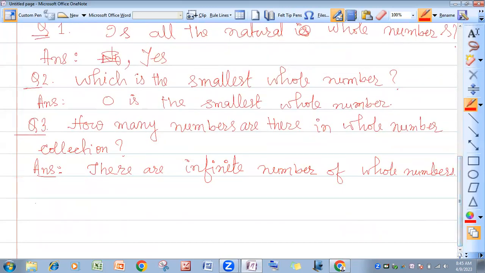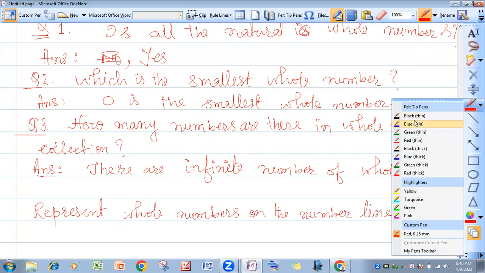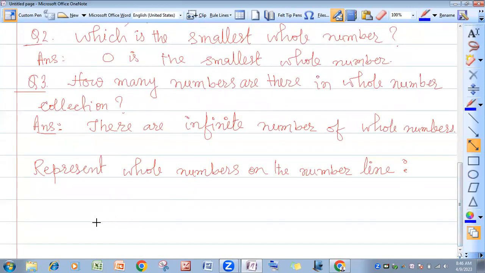Now, how do you represent the whole numbers on the number line? To represent it, we will make a number line.